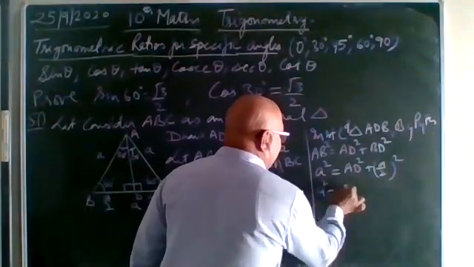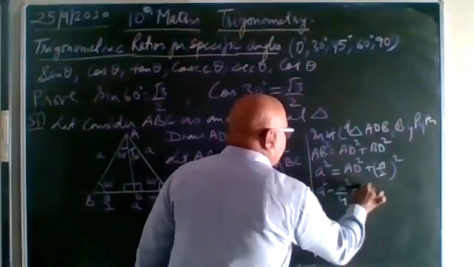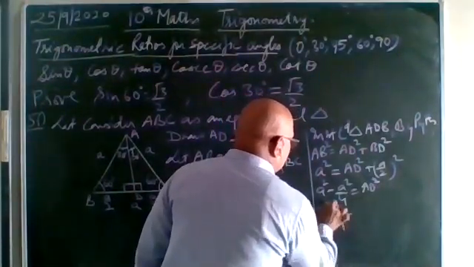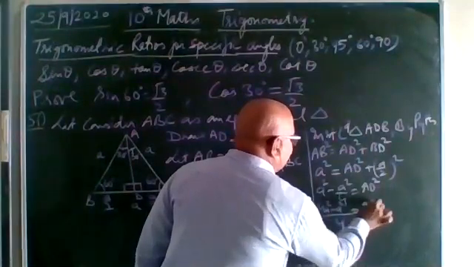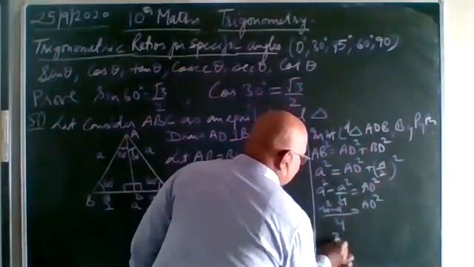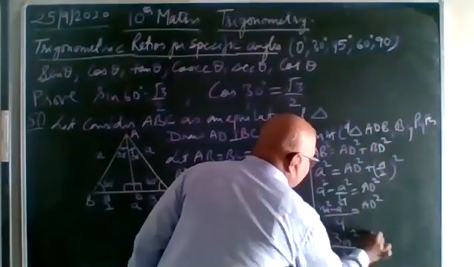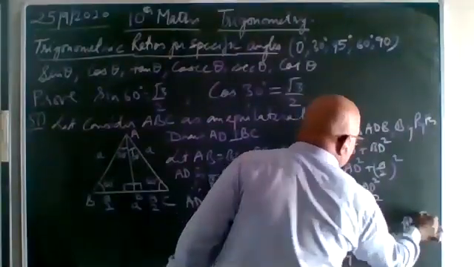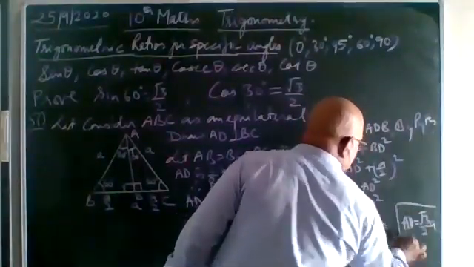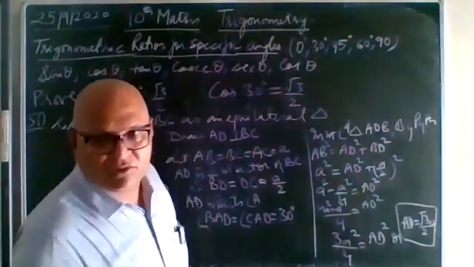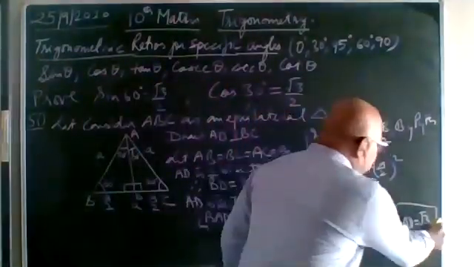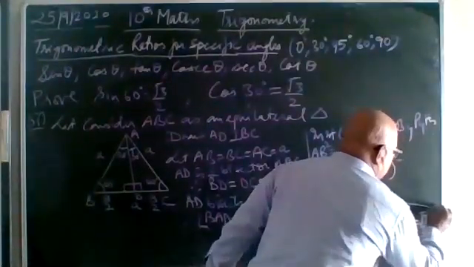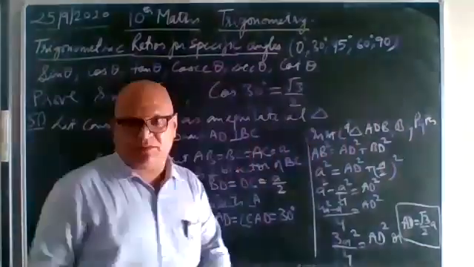So you will get A square minus A square by 4 equal to AD square. 4A square minus A square, that is 3A square by 4 equal to AD square, or AD equal to root 3 by 2 A. AD is root 3 by 2 A.